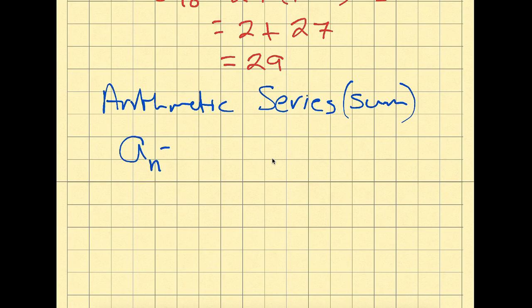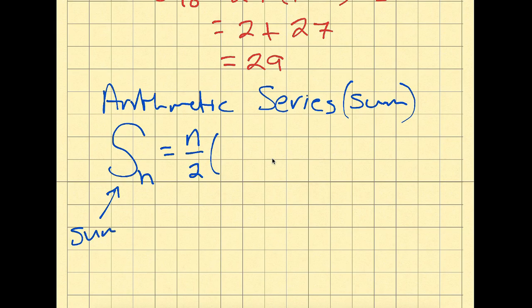S sub n is equal to, wait, back up, is equal to n divided by 2 times the first term plus the nth term. This is the sum.